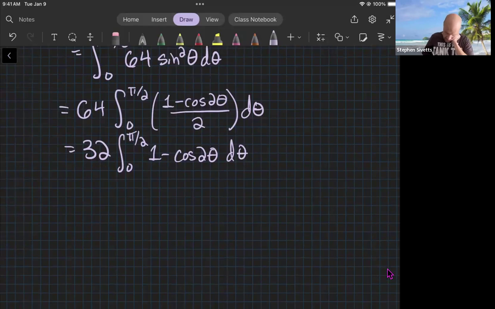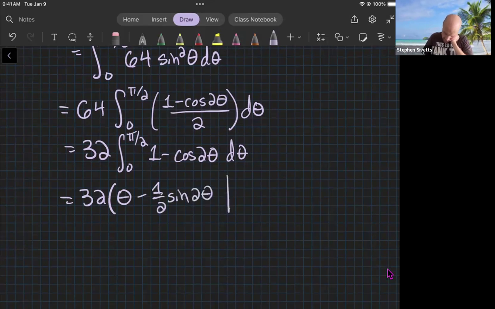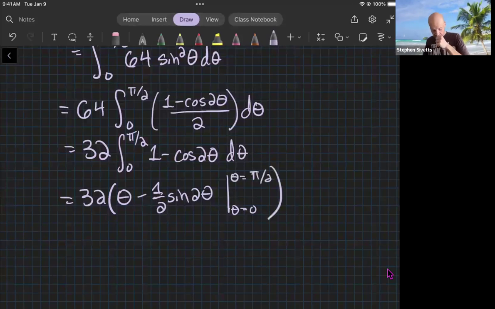Okay. And so this equals 32 times theta minus 1/2 sine 2 theta, evaluated from theta equals 0 up to theta equals pi over 2.